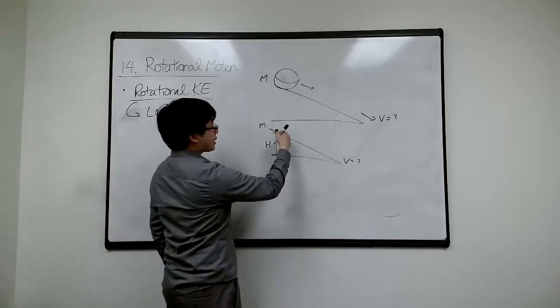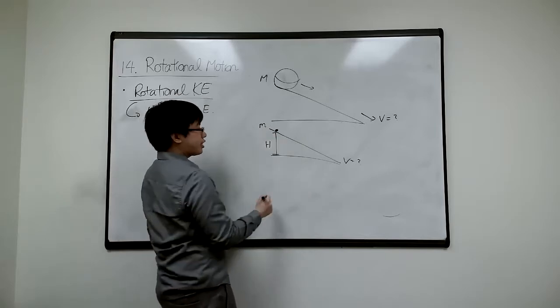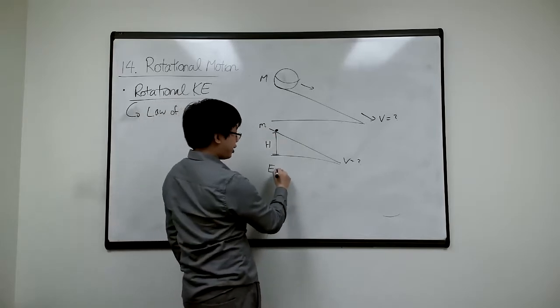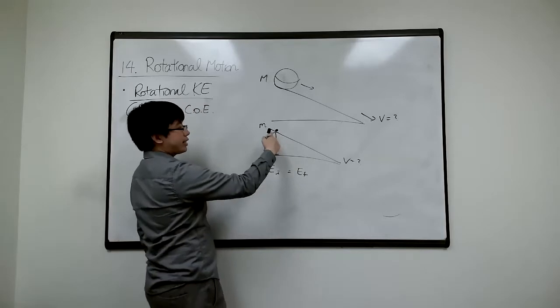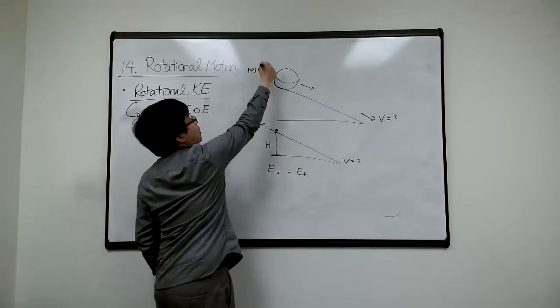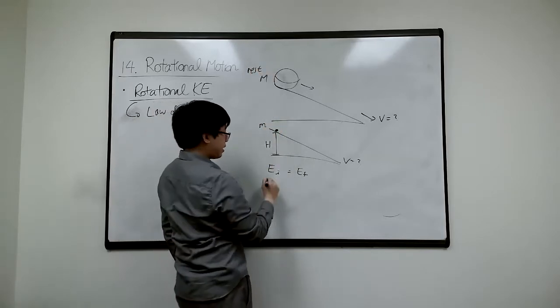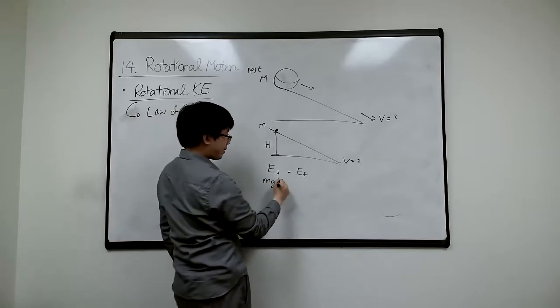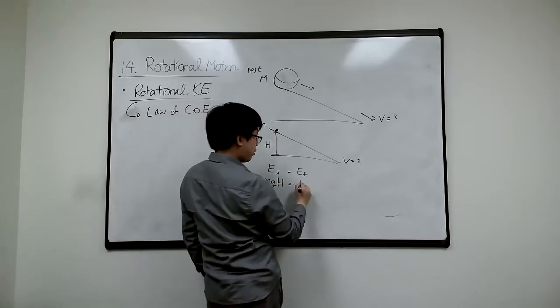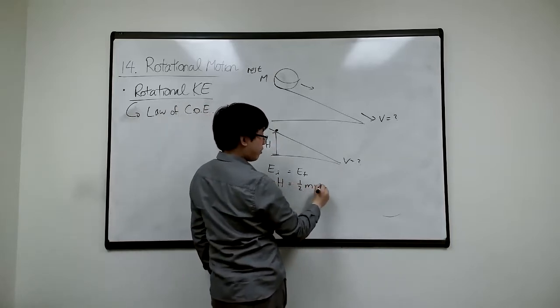So what's the initial energy at first? We're going to do energy initial equals energy final. Initially, it's released at rest, so at first it's just mgh, little m g capital H, which should equal 1/2 little m v squared.